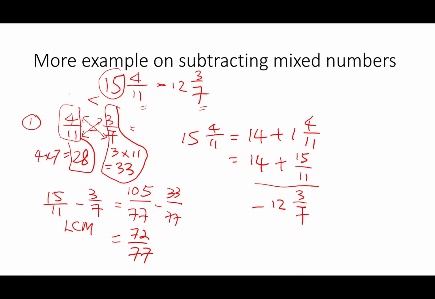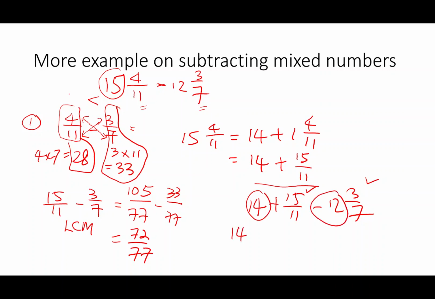How about the whole number part? Let's write down the original operation, 14 plus 15 over 11 minus 12 3 over 7. We have done the fractional part, left behind the whole number. So the whole number will be 14 minus 12 gives us 2.